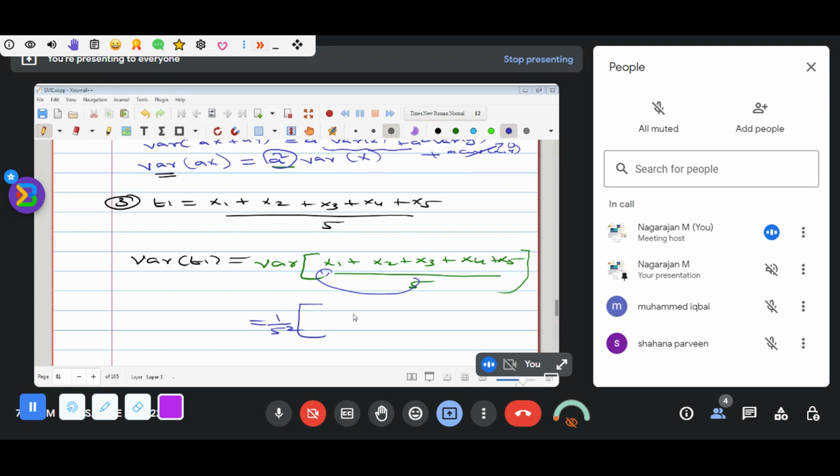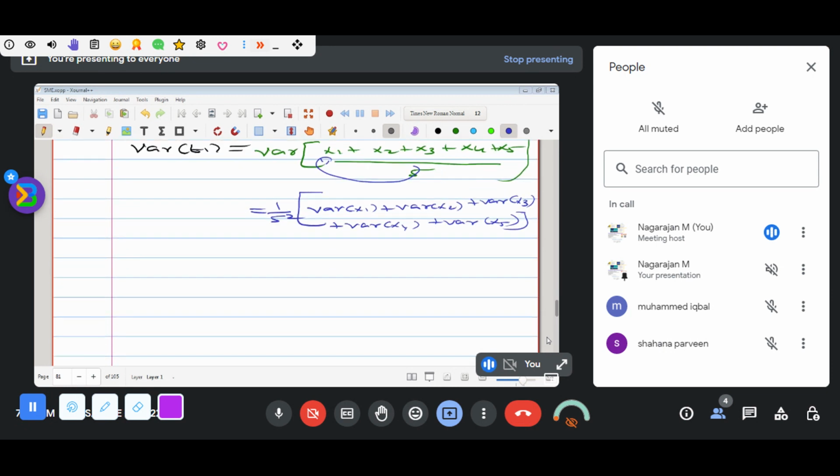Now we write separately: variance of X1 plus variance of X2 plus variance of X3 plus variance of X4 plus variance of X5.